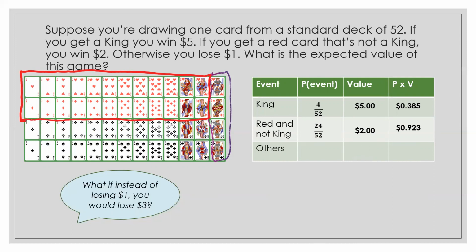Now, if you get anything else, meaning all of those that are not circled on the bottom part of your chart, that would still be 24 out of 52, and that will cost you $1 if you get one of those. So you would lose 0.462.